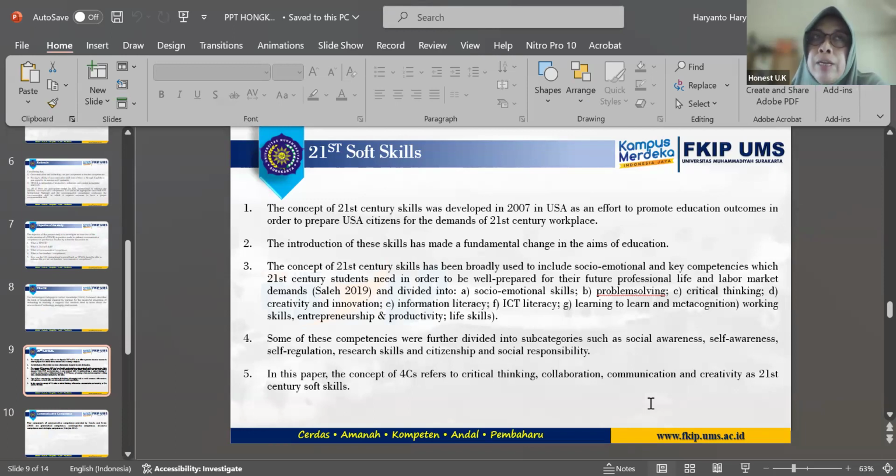In this century, we have to be able to communicate, especially in English. As we know, English is one of the lingua francas, or the language for international communication.